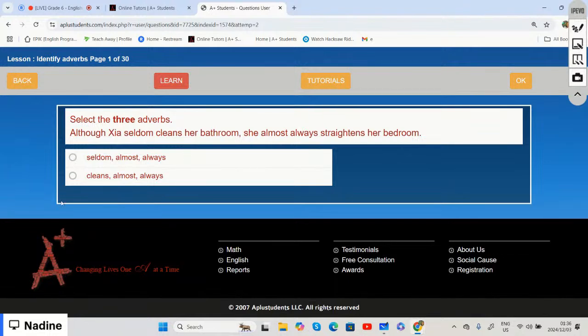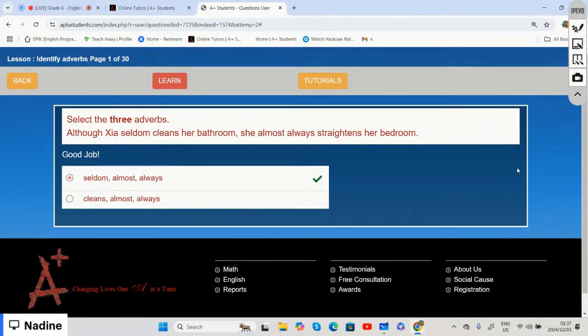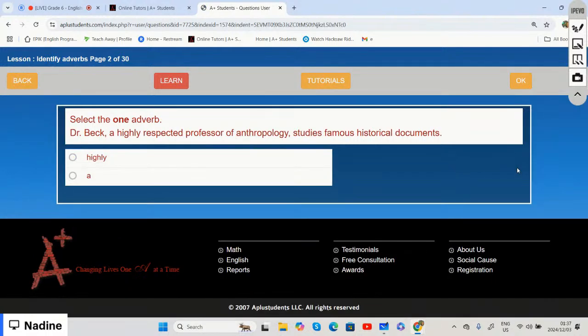And if we were to select our correct adverbs, then option one is correct. Seldom, almost, always. So well done. Option one is correct. The next one says select one adverb, only one.